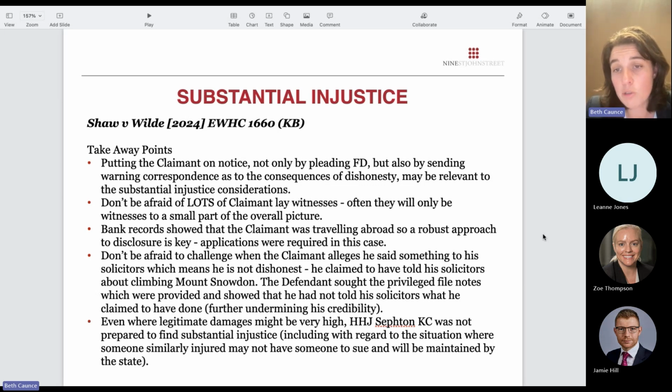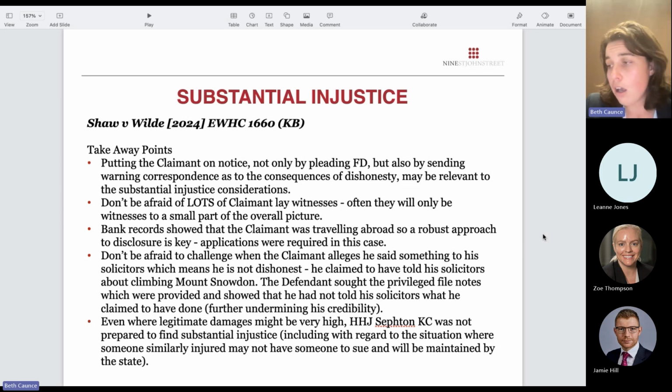In this case, he claimed to have told his solicitors that he had climbed Mount Snowdon. On the basis of what he said, the defendant asked for those privileged file notes, which were provided, and they demonstrated that the claimant actually had never told his solicitors what he claimed to have done, which further undermined his credibility.